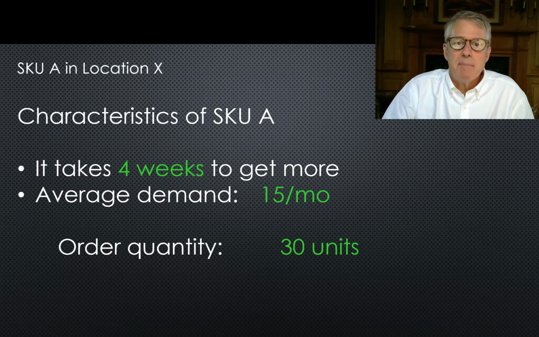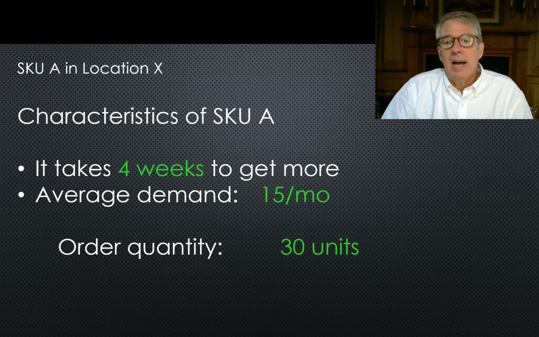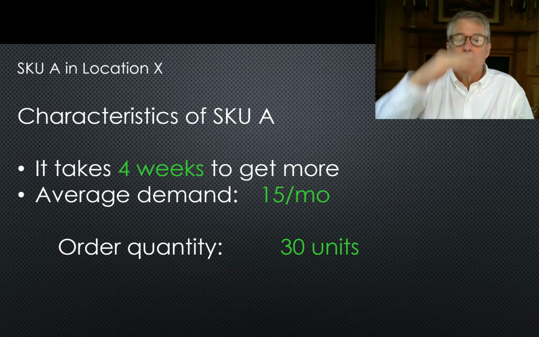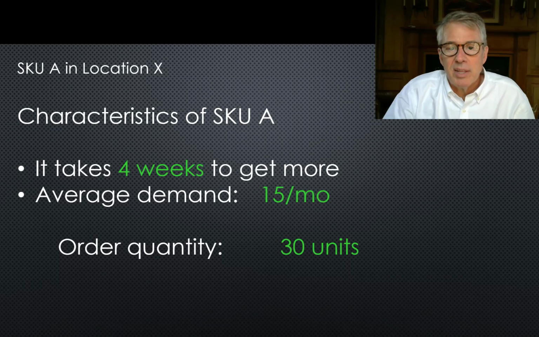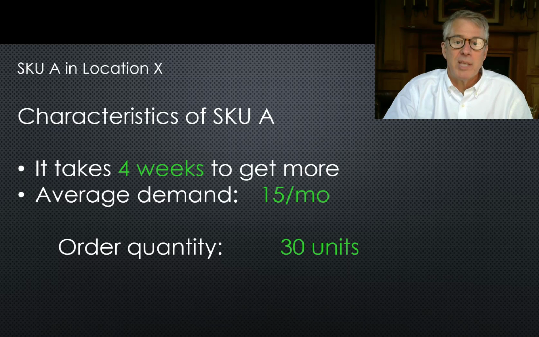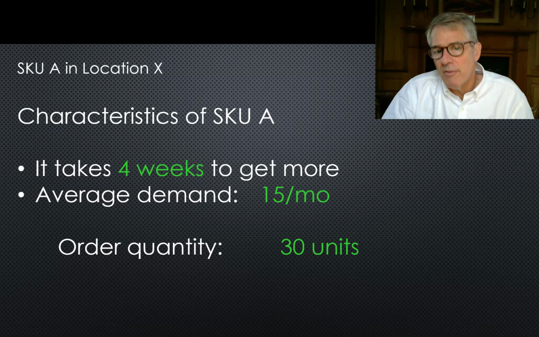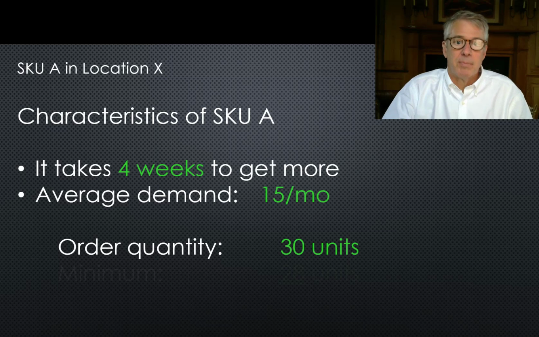Next, they had to decide the min, the reorder point. Again, from experience, they knew that demand varies, which means that it's often higher than the average consumption for the 4 weeks, which was 14 units in this case. They felt more comfortable doubling that figure.